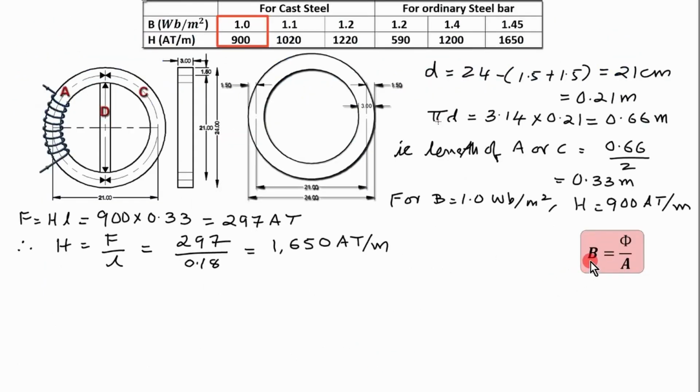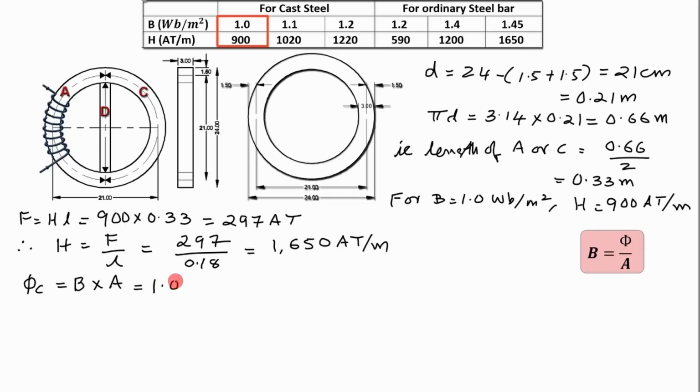But we know that flux density B is equal to total flux divided by area of cross section, or flux is equal to flux density into area of cross section. So, flux through path C, phi C, is equal to flux density through path C into area of cross section of path C. It is given in the question that flux density is 1.0 Weber per meter square.